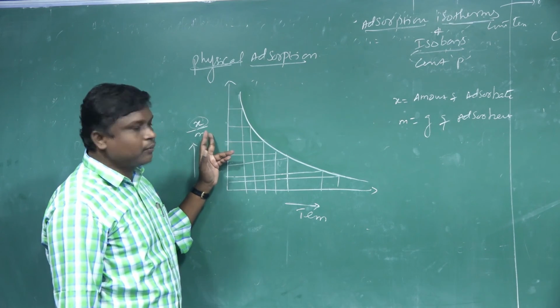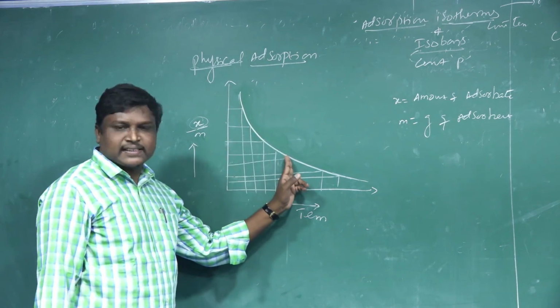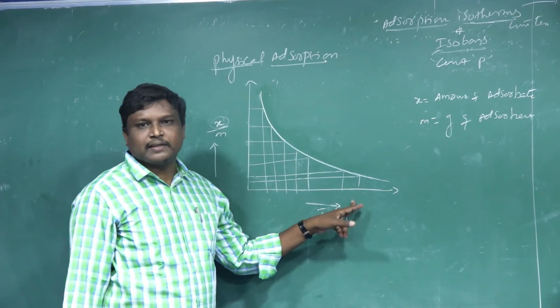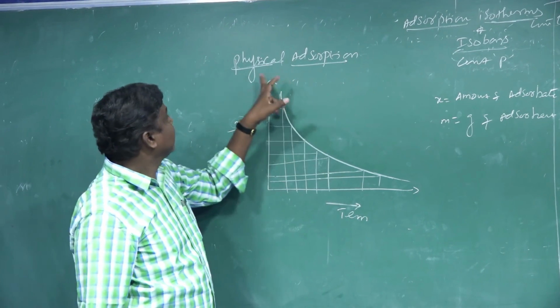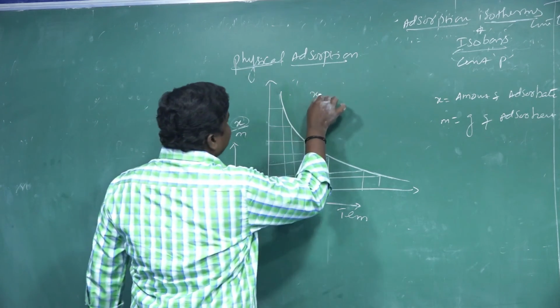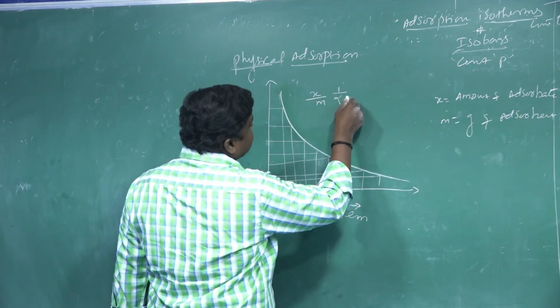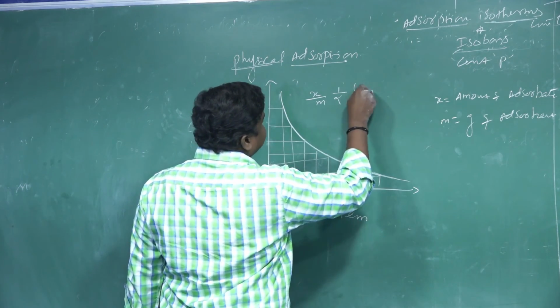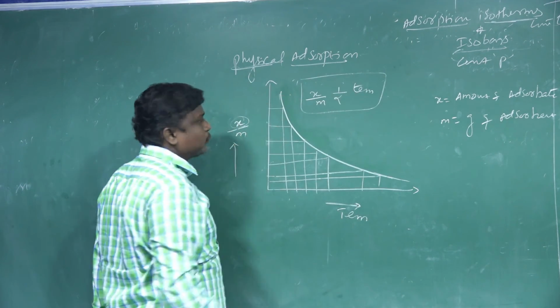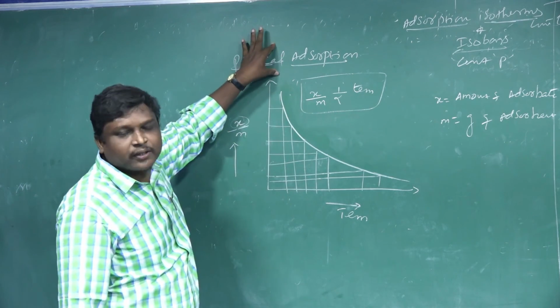The amount of adsorbate per gram of adsorbent decreases with increasing temperature. That is physical adsorption. So X by M is inversely proportional to temperature for physisorption.